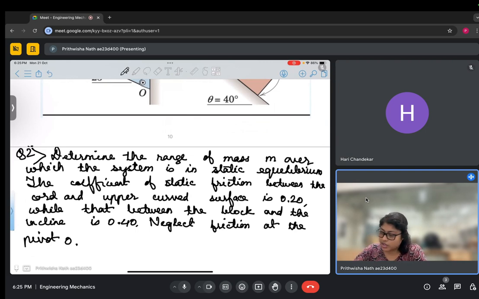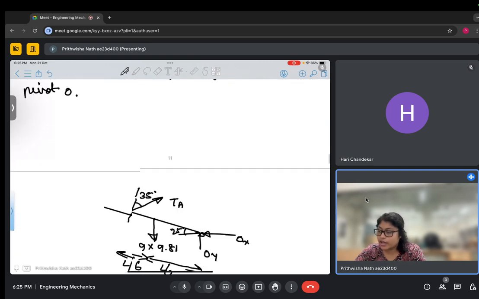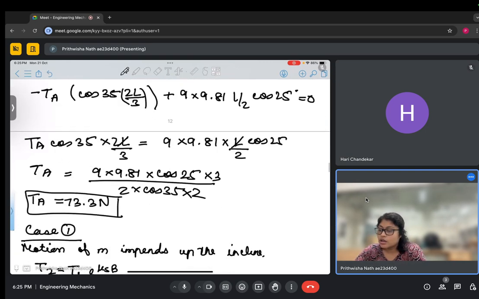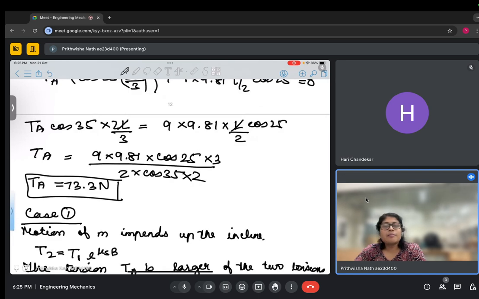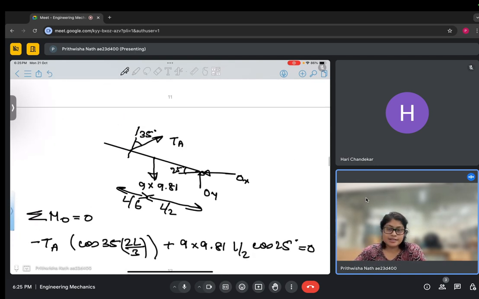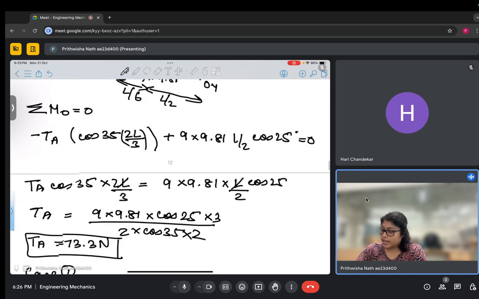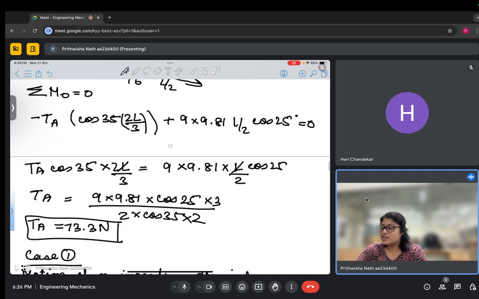So there are two cases, where case 1 is the motion of M up the incline, and case 2 is when the motion of mass M is down the incline. Before considering that, we calculated the tension in the rope using the moment equilibrium about this point O. By doing that we got tension to be 73.3 newtons.